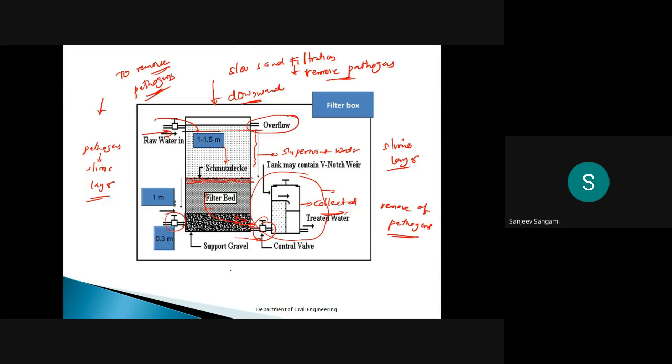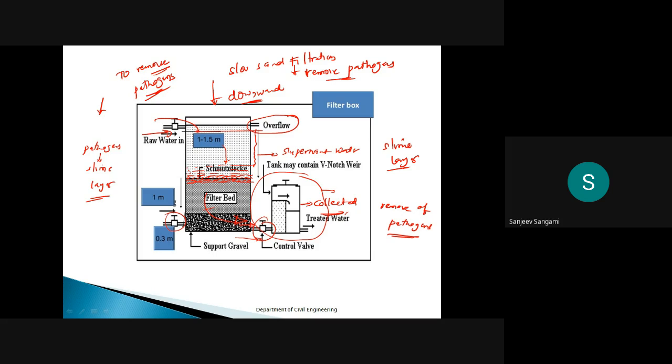You can see this layer. This layer is going to increase. Once this layer increases, it is going to block the whole filter. Once it blocks, you are unable to filter the water. This has to be removed frequently.